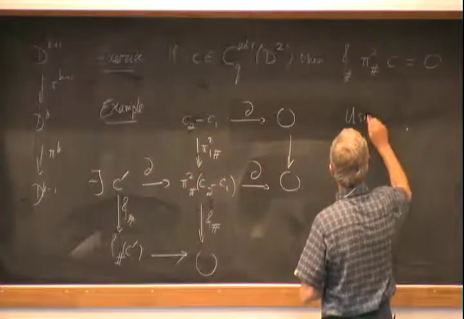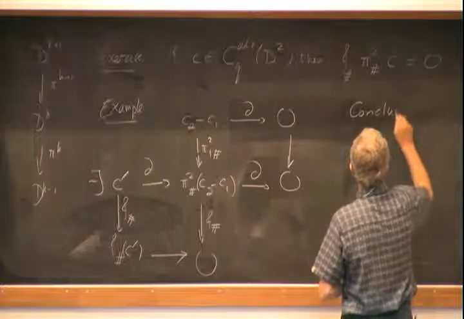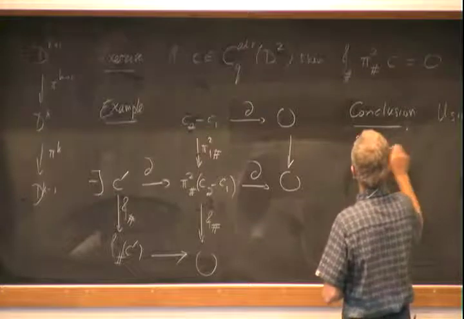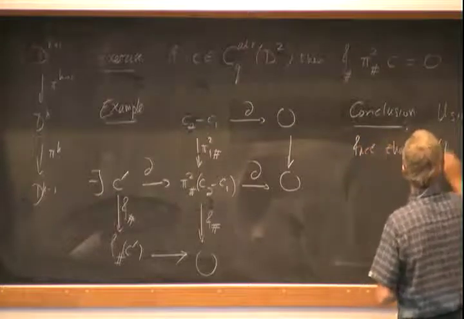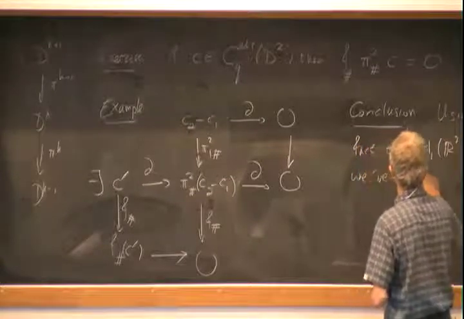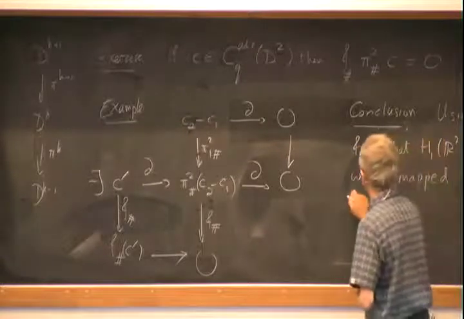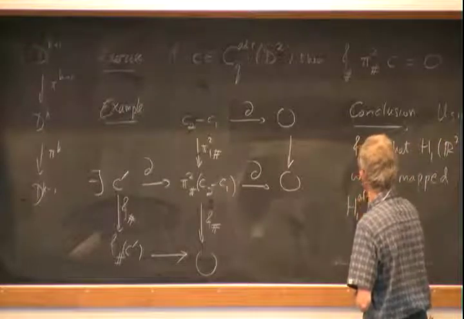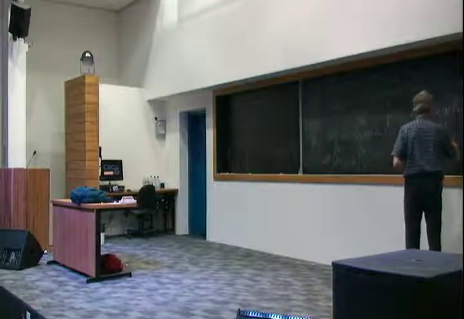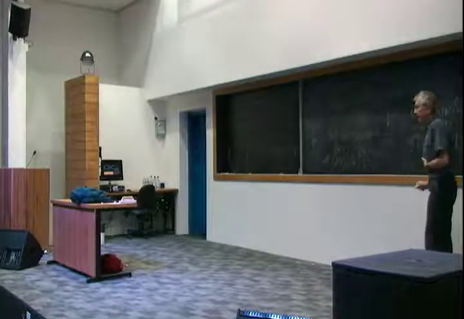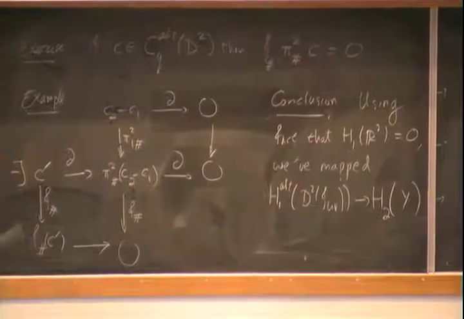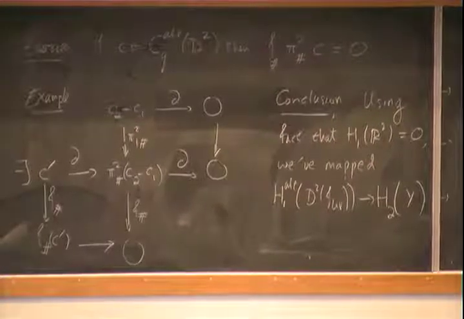So the conclusion, using the fact that H1 of R2 is 0, we've mapped the alternating homology into the second homology of the image, Y, of our map. So that's the image, we called it Y.